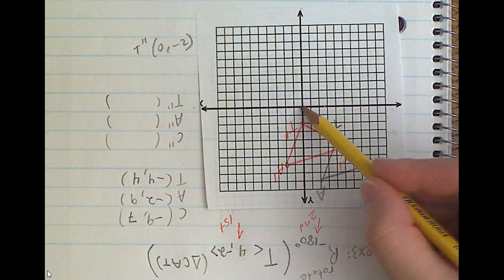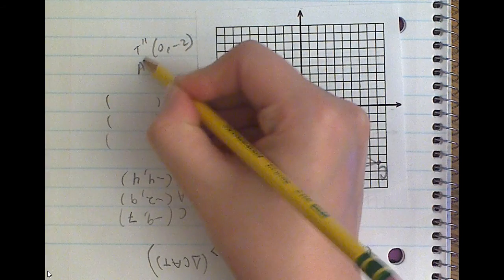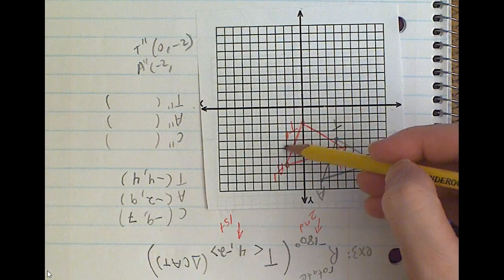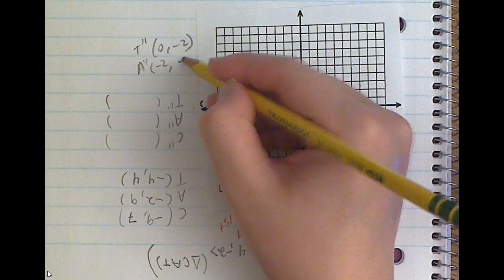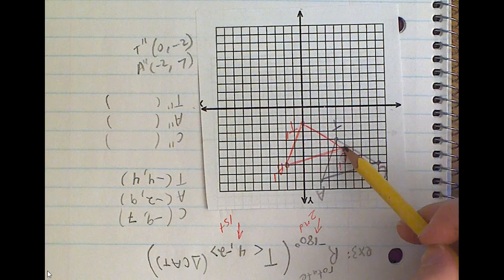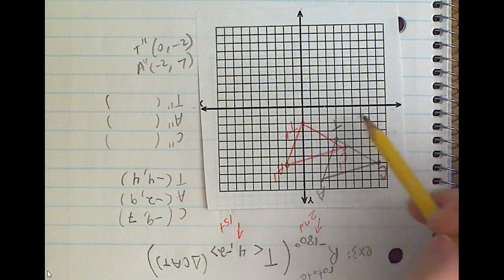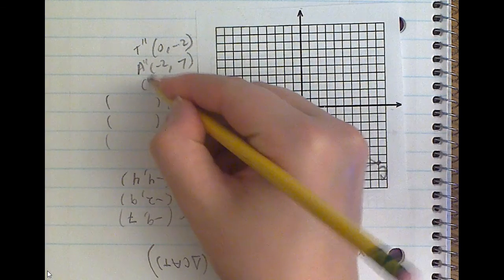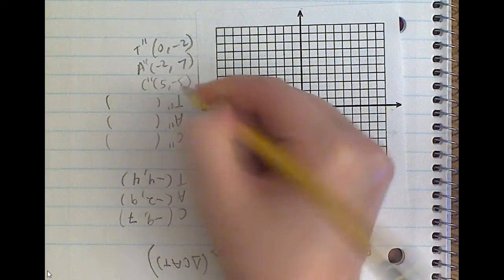A double prime would be at negative 2, 7. And then C, 1, 2, 3, 4, 5. 1, 2, 3, 4, 5. 5, negative 5.